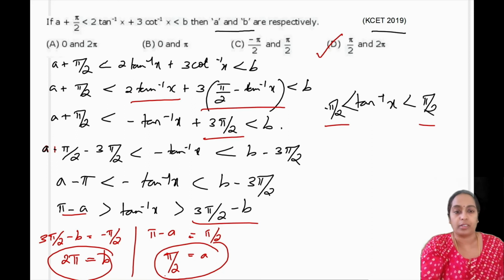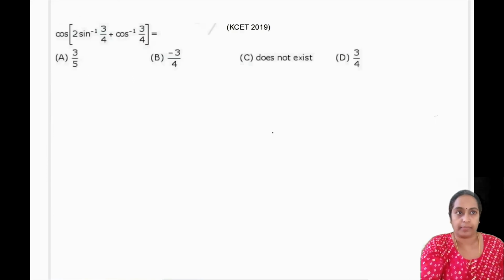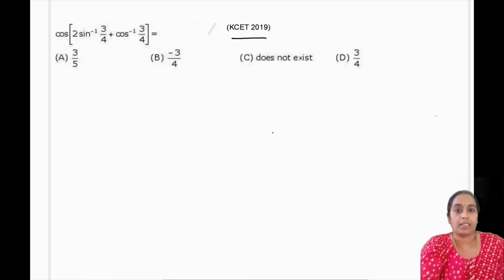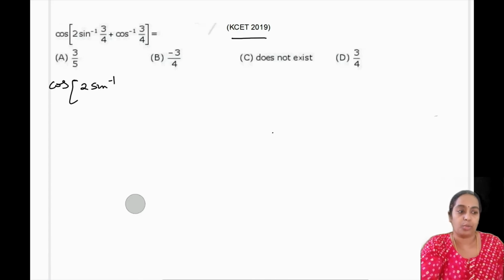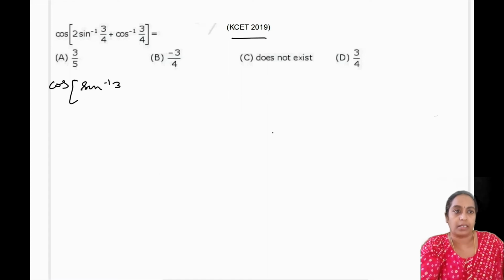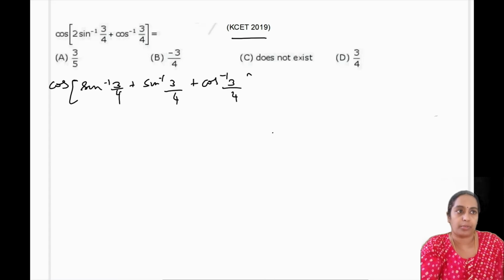So moving on to the next question, question number 9. This is from KCET 2019 question paper. The question says cos of 2 sine inverse 3 by 4. I'm going to split it as sine inverse 3 by 4 plus sine inverse 3 by 4 plus cos inverse 3 by 4.